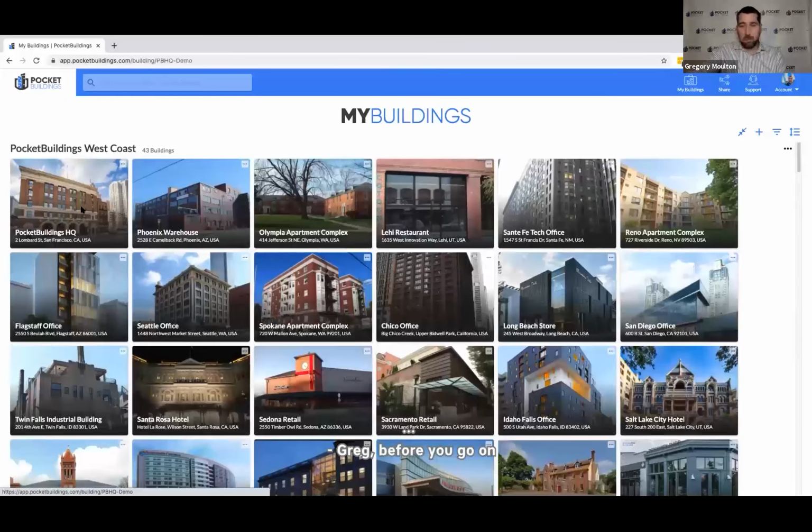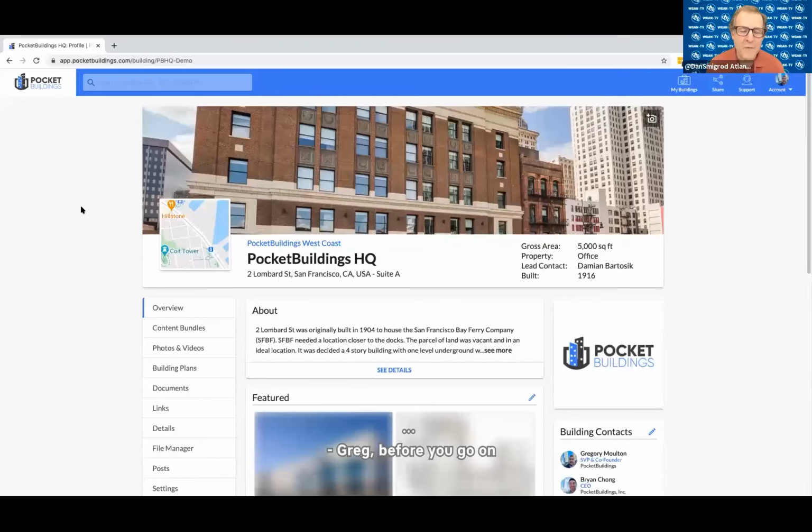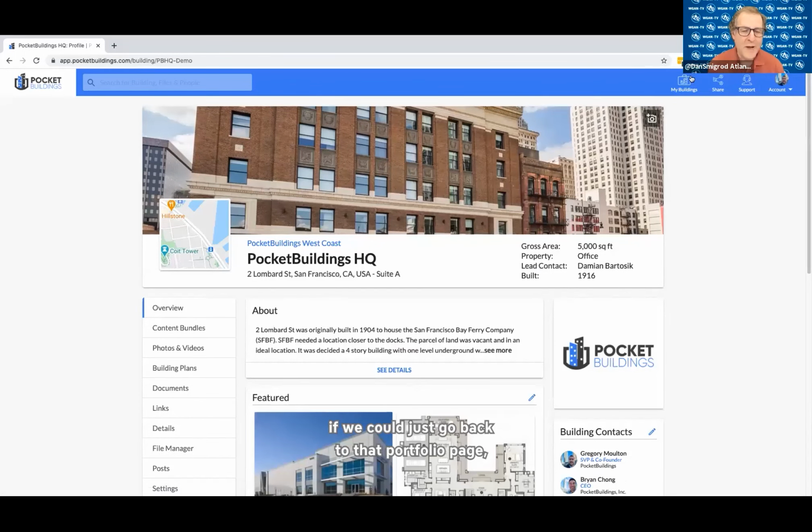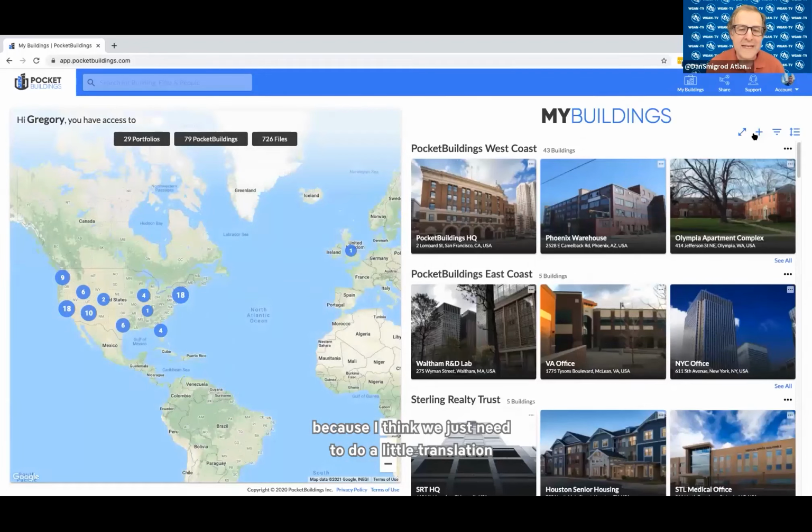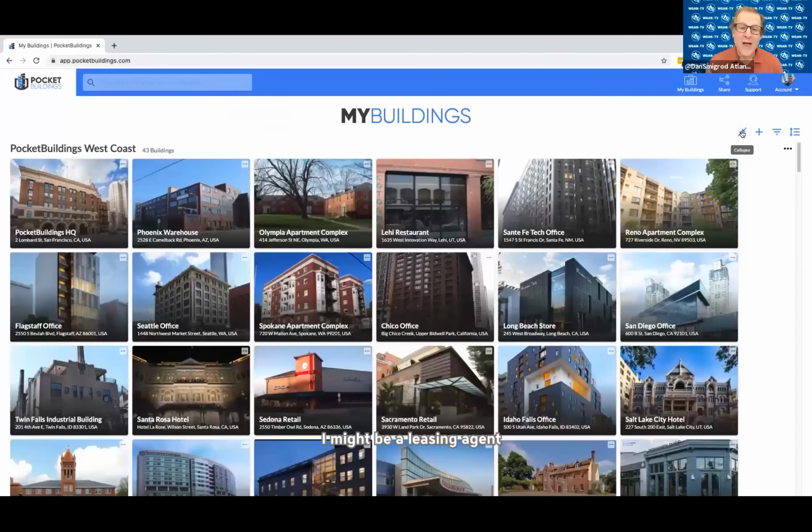So Greg, before you go on, if we could just go back to that portfolio page, because I think we just need to do a little translation for the benefit of Matterport service providers. So I might be a leasing agent, and these are all the buildings that I am presently involved in leasing. I might be selling buildings.